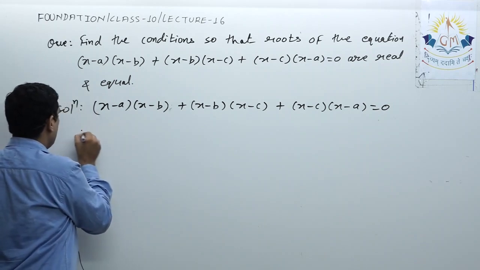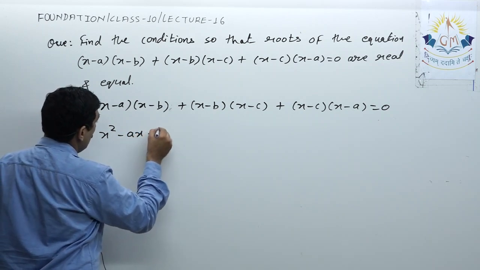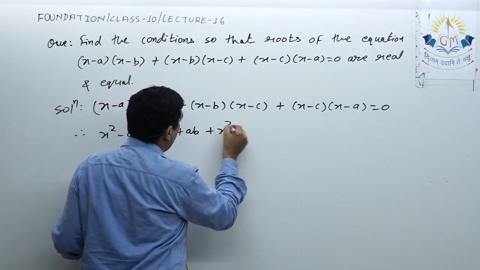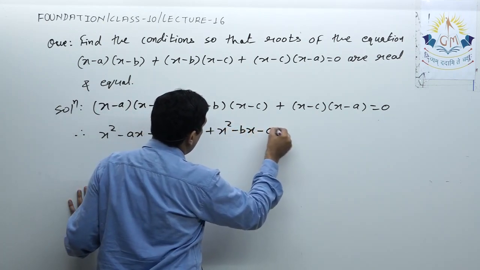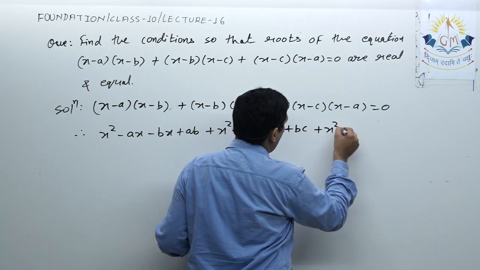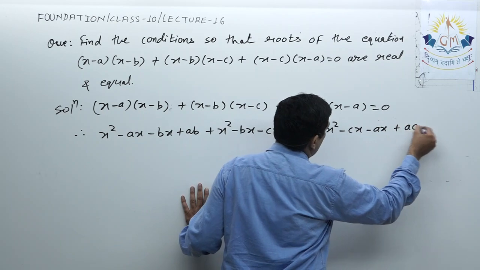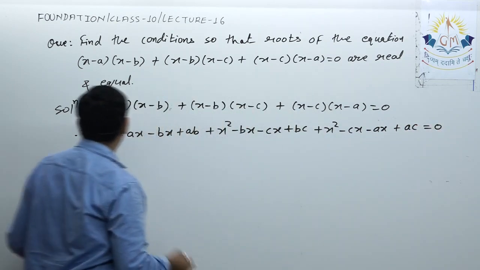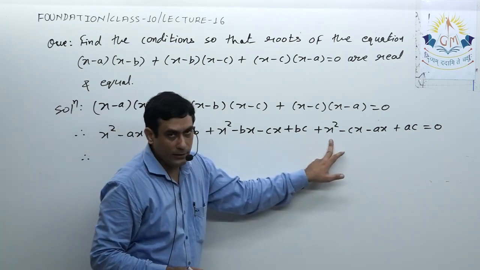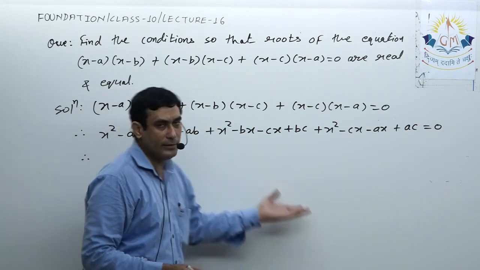So here I will get x square minus ax minus bx plus ab, over here x square minus bx minus cx plus bc, plus x square minus cx minus ax plus ac is equal to 0. Okay, so I have x square once, twice and thrice. So I write the terms containing x square, then terms containing x, and finally the constant term.